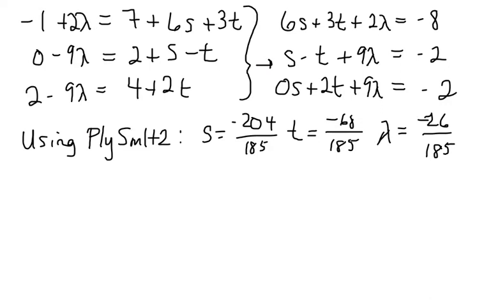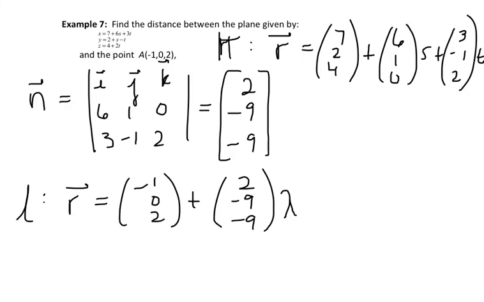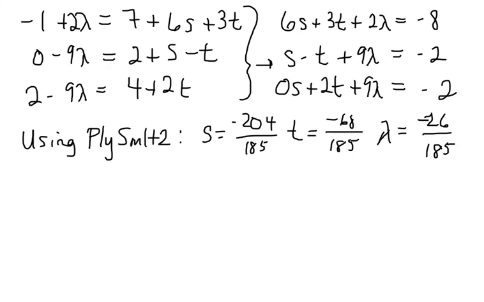But again, what I really care about is finding the length of the distance in between that point on the plane and this point A. So really, I'm going to jump straight ahead to go from my point A to the point on the plane. I'll call the point on the plane P, and I want to find the magnitude of AP.